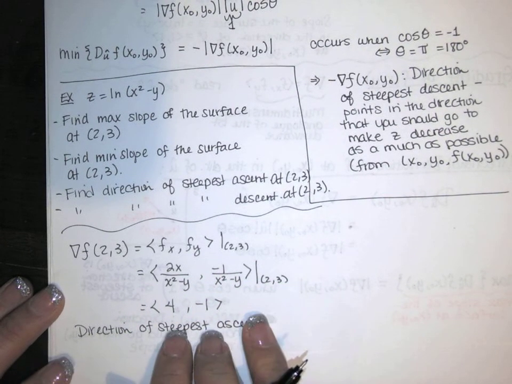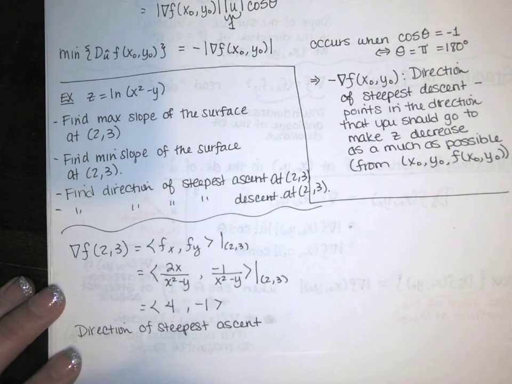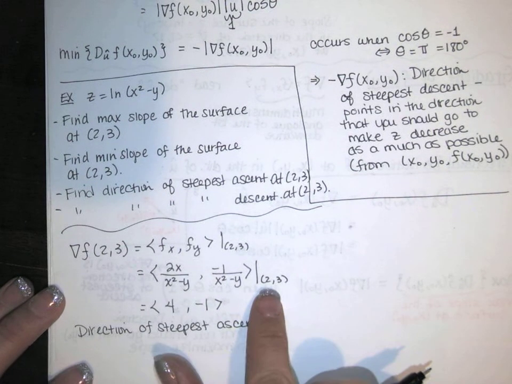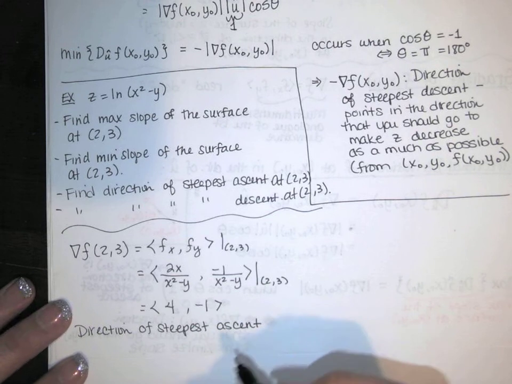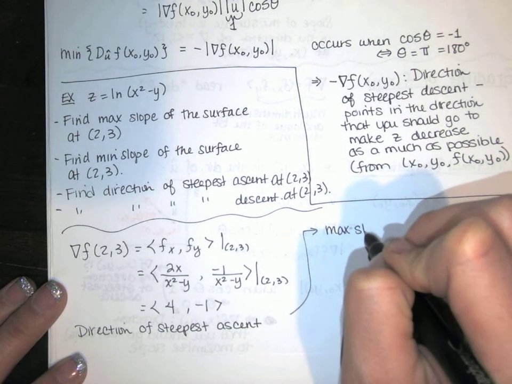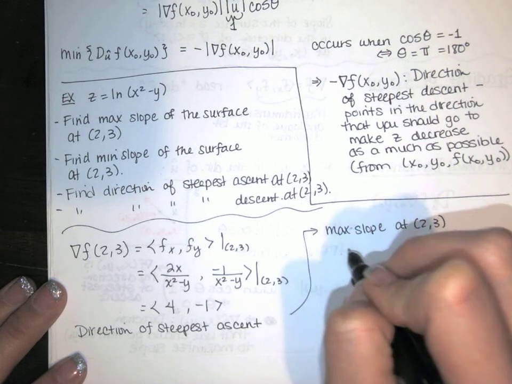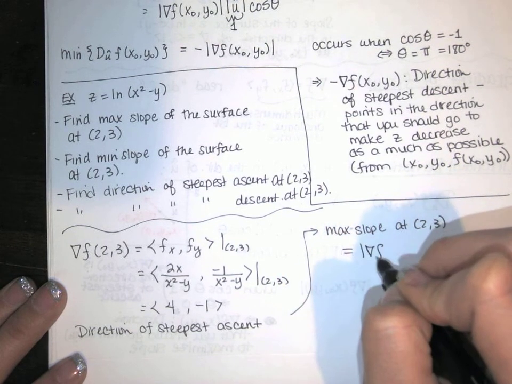You should go this way, and the z-values on the graph of natural log of x squared minus y are going to increase as much as possible from this point (2, 3). Now, if you want to find the slope in that direction, you just find the magnitude of the gradient at (2, 3).